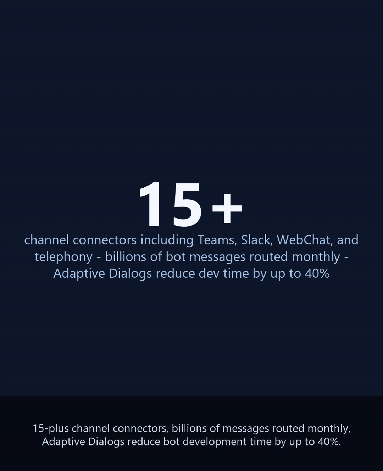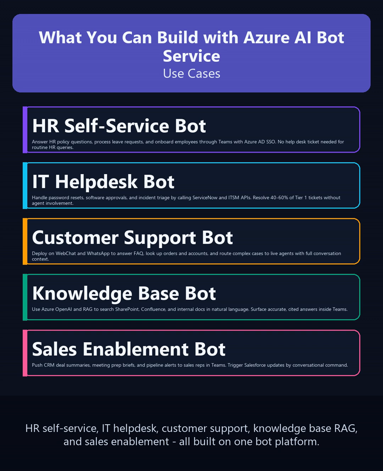Azure AI Bot Service powers 5 categories of enterprise conversational AI. HR self-service bots answer policy questions, process leave requests, and onboard new employees through Microsoft Teams with single sign-on from Azure Active Directory. IT help desk bots handle password resets, software requests, and incident triage by integrating with ServiceNow and its APIs.